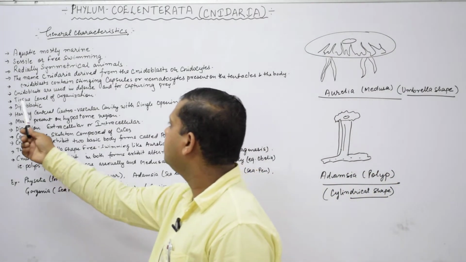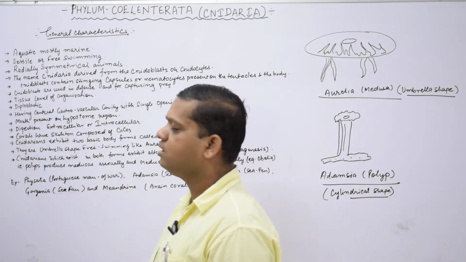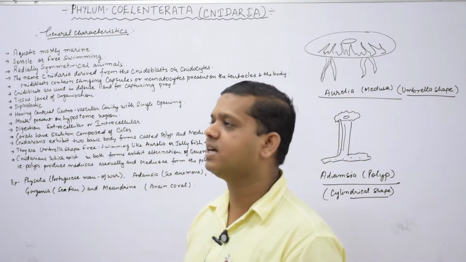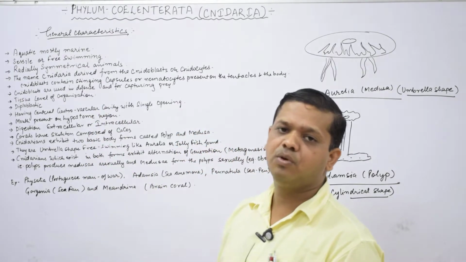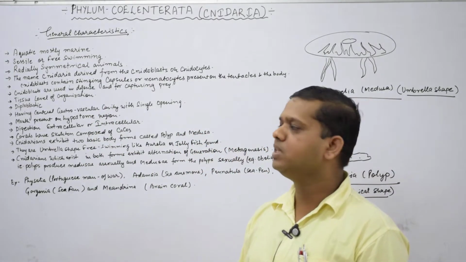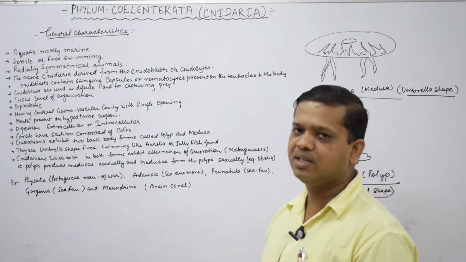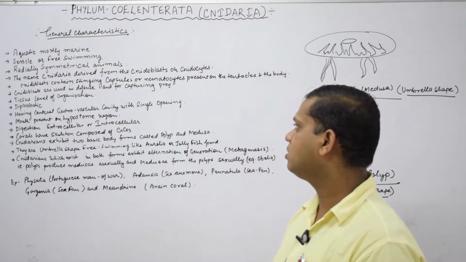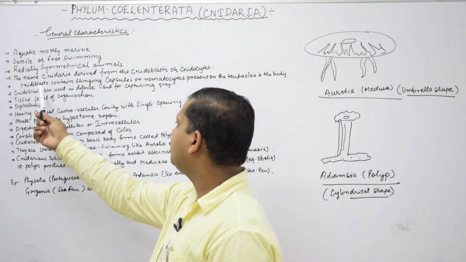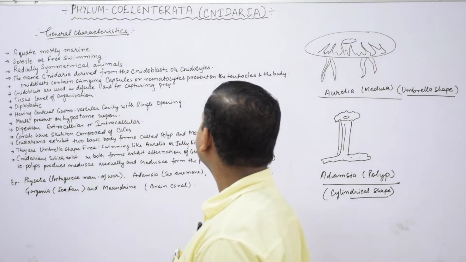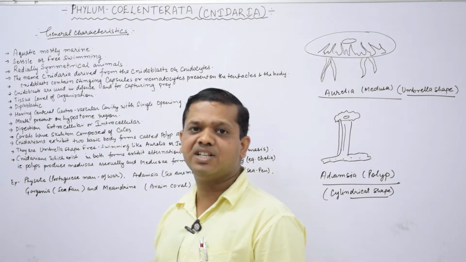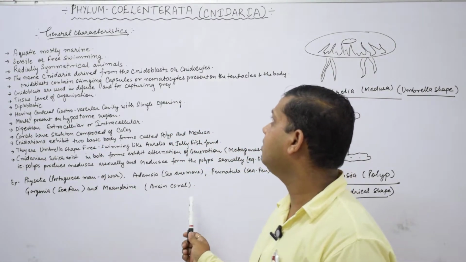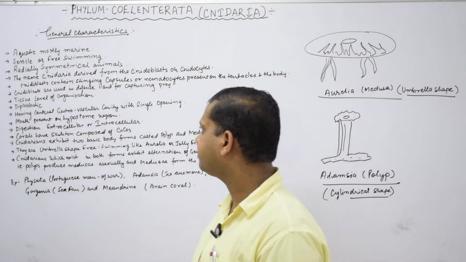Now, the function of the cnidoblast cell: it is used for defense as well as for capturing prey, that is, for food. The defense mechanism is also carried out with the help of cnidoblast cells, or cnidocyte cells. Then, the tissue level of organization is found in this phylum, Coelenterata.